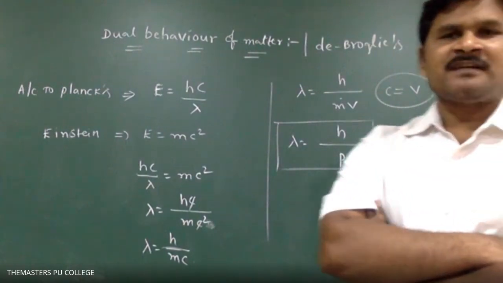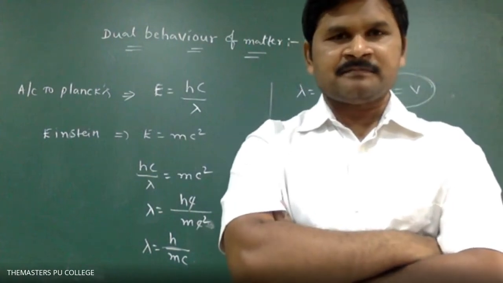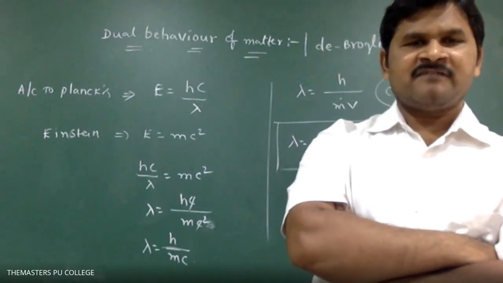What is de Broglie's theory? Literal meaning, say. Sir, a charged particle contains both wave nature and particle nature. That's all.